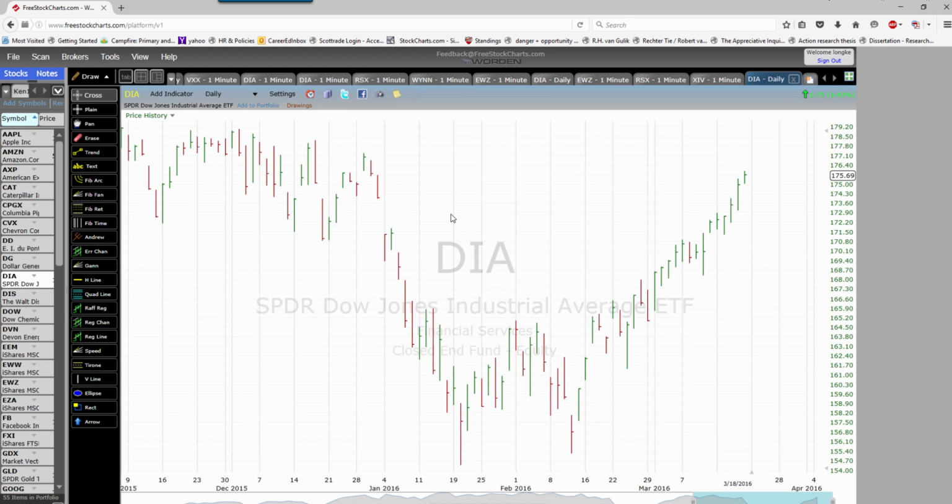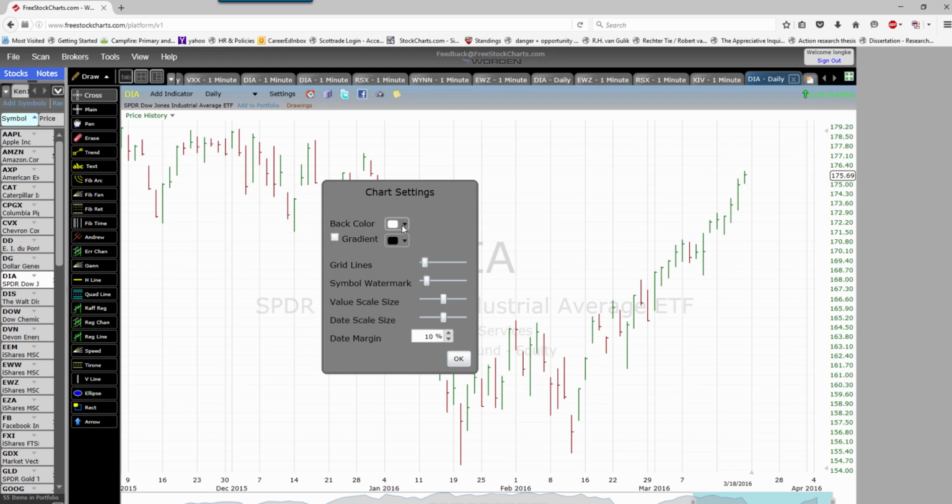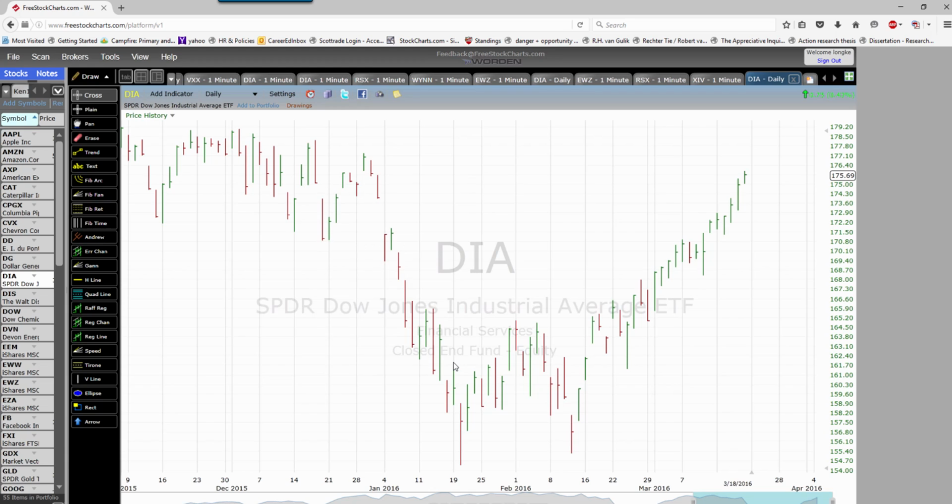Now I like a white background. I think it's easier to see. It's like footprints in the snow. So I'm going to come to settings, properties. My back color I'm going to select as white. All these others are fine.